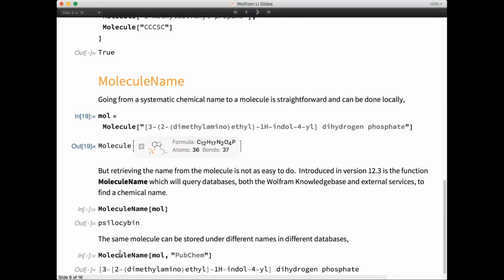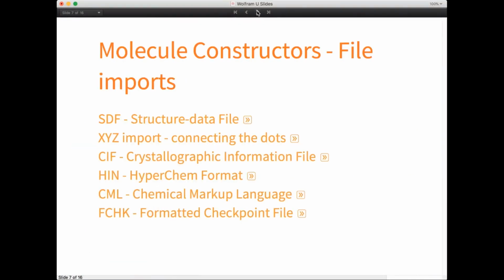But there's a 2-argument form of MoleculeName where you specify the source, and PubChem thinks that this molecule is called 3-[2-(dimethylamino)ethyl]-1H-indol-4-yl dihydrogen phosphate. And so I always think that those are neat, going back and forth between the chemical names and the structure.